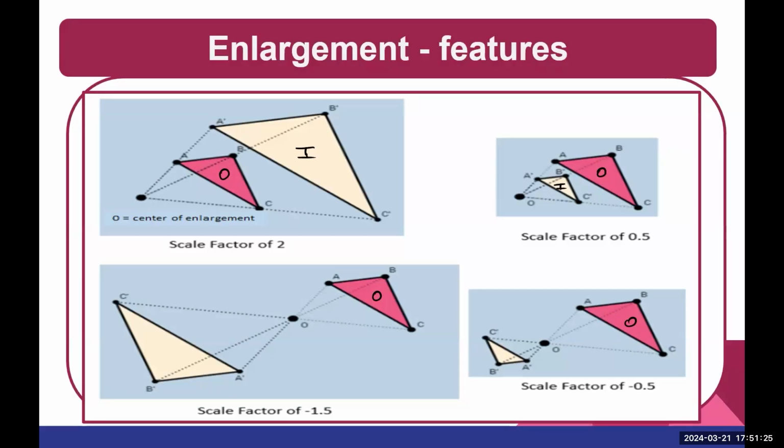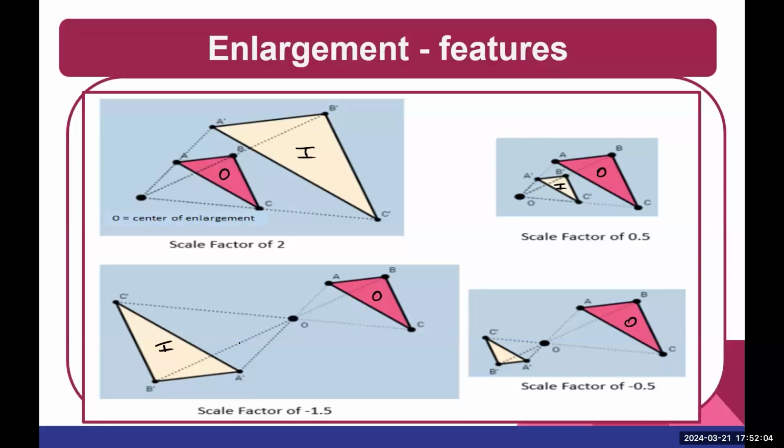Now let's look at when it has a negative scale factor less than -1. What happens here? It's going to turn upside down. Yes, it flips, so there is a flip. And what about the size? This is the object in pink, and the yellow one is the image.